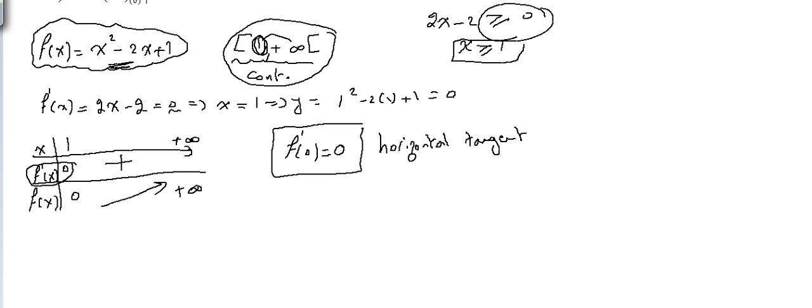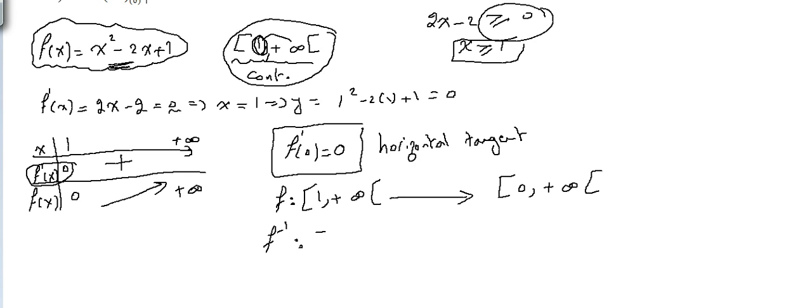We will see what we mean by that. f goes from its domain 1 to plus infinity to its range 0 to plus infinity. And since the inverse exists, it goes from 0 to plus infinity to its range 1 to plus infinity. Let's see how we can draw them.